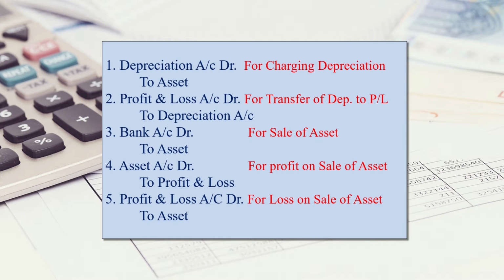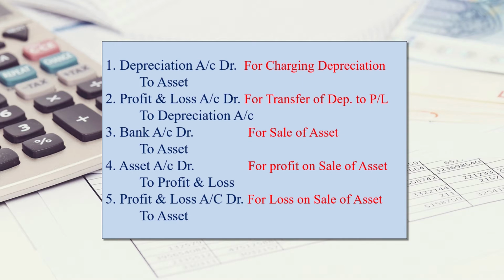Then the third one is for sale of the asset. When the asset is sold in the market, the journal entry would be bank account debit to asset, because when we sell the asset we realize the amount, therefore the bank account will be debited.